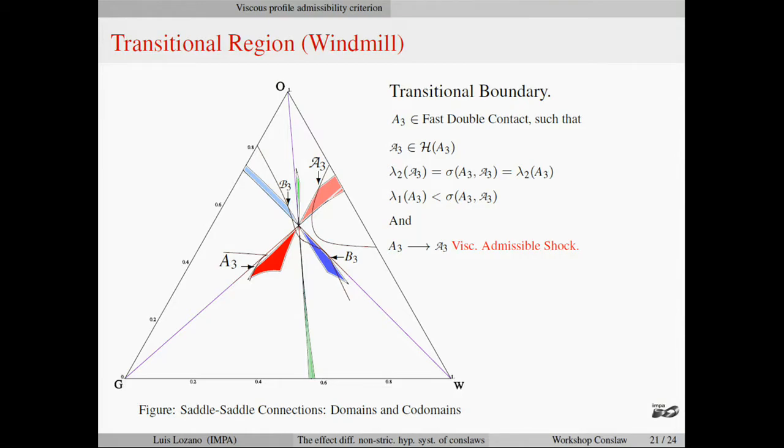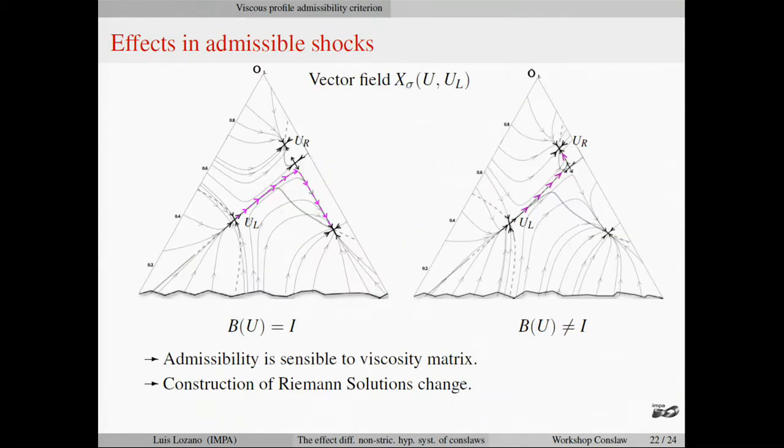One point of the double contact is on the boundary of the windmill region. The same holds for the others, but for the green region, no point touches the boundary of the fast double contact.